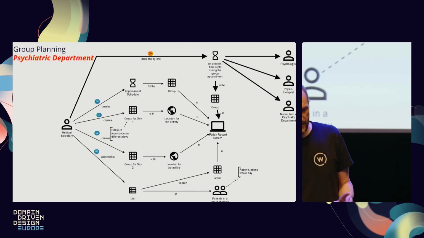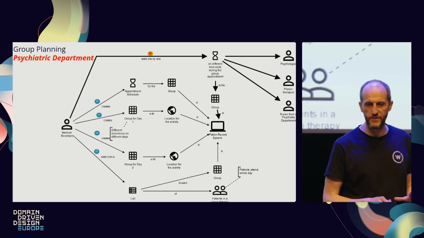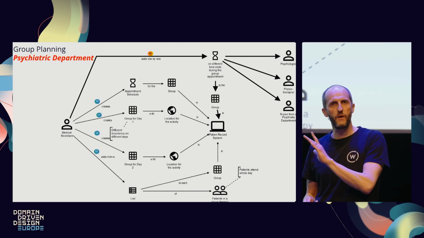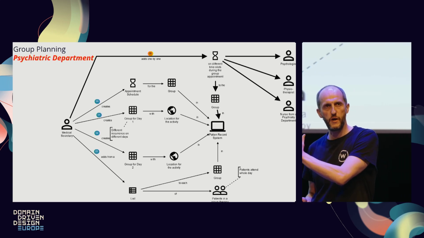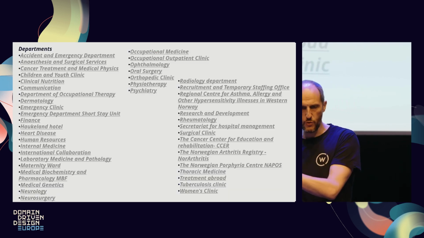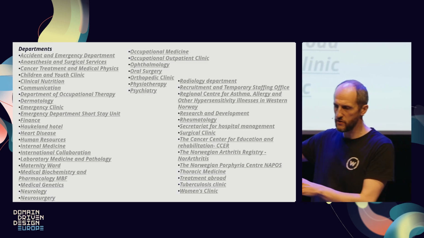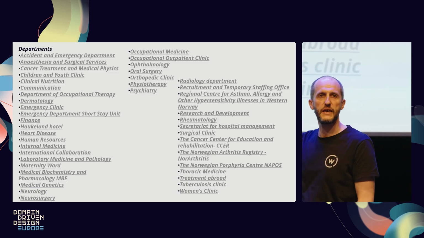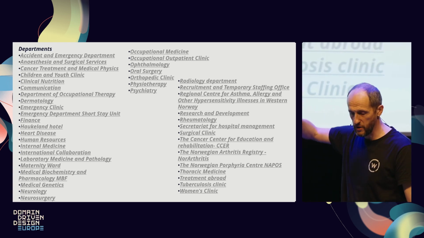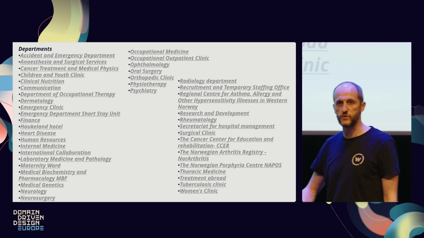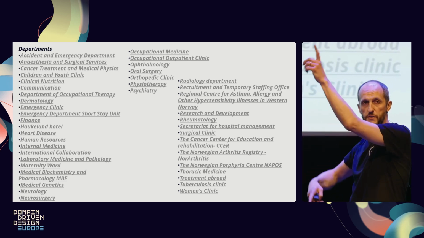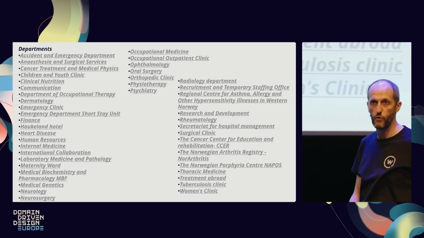And then, by chance or by divine intervention, we strolled right next to a sign, a sign that listed all departments in one hospital in Western Norway. So you go into the hospital, and there's a sign on the side listing all the departments: you can go to this department on this floor and so on.